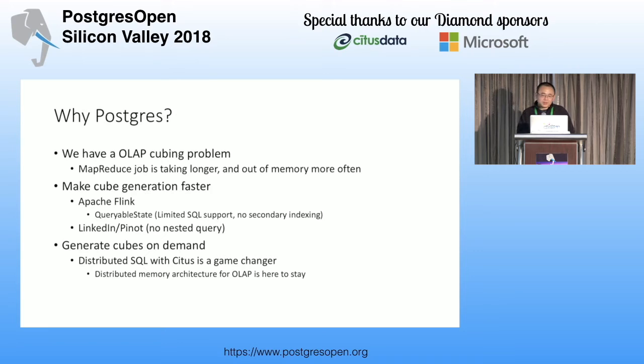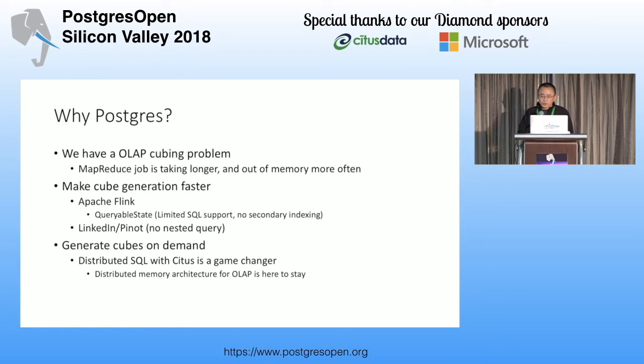And my first inclination to solve the problem was, can I make cube generation faster? So I was researching and doing all kinds of things, and I realized, since my job is slow, can I make the job faster? Flink claims it can make the job faster, and indeed it can make the job faster than the system I was using.